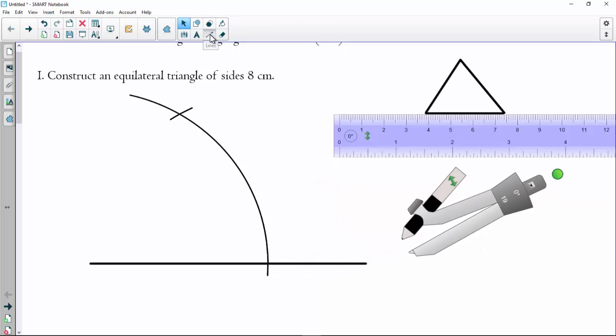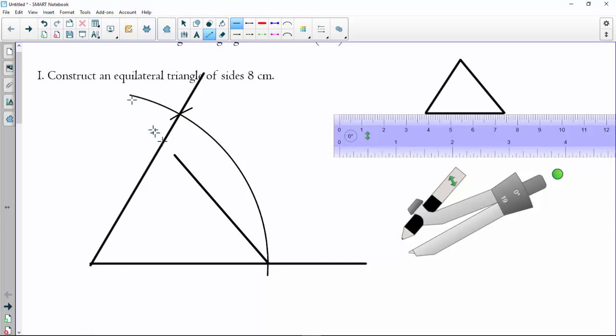And finally, with the use of a ruler, I join my triangle. And that is my equilateral triangle. And to finish it, I simply put in my dimensions.